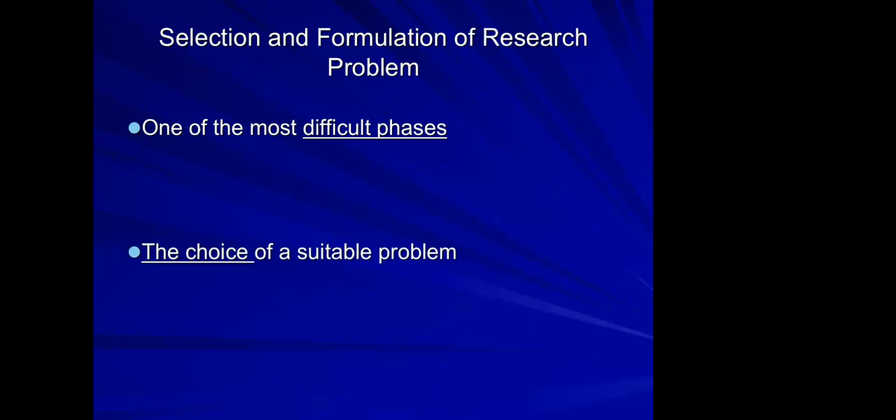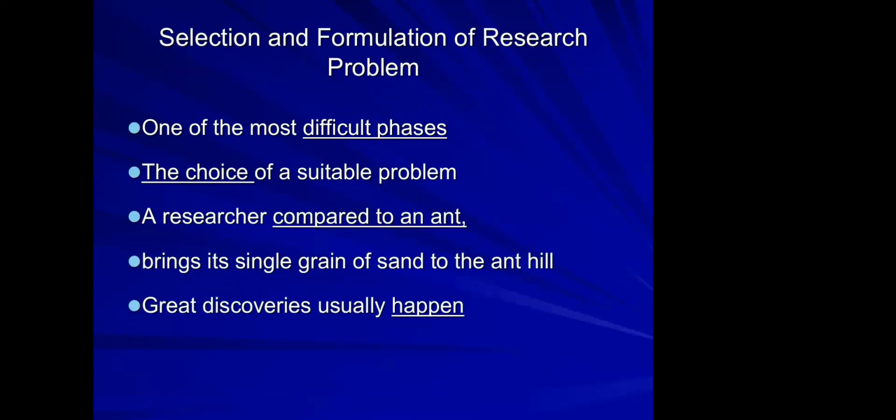Let us understand how selection of a research problem is done. It's one of the most difficult phases, and in the choice of a suitable problem, a researcher is compared to an ant, because an ant brings a single grain of sand from the ant hill and builds a nest out of that.